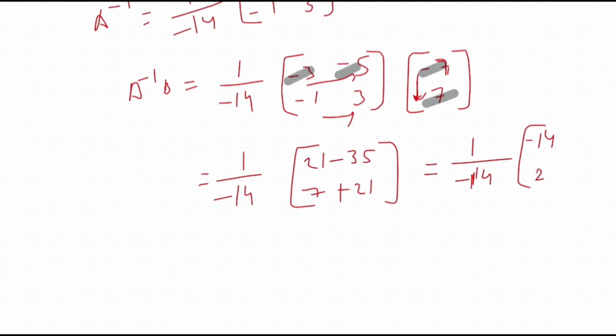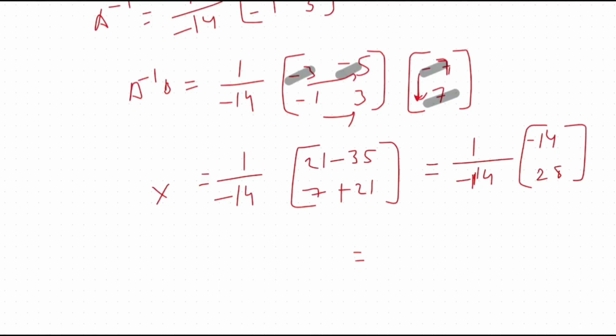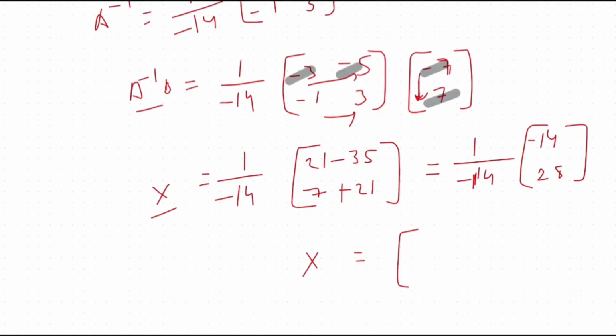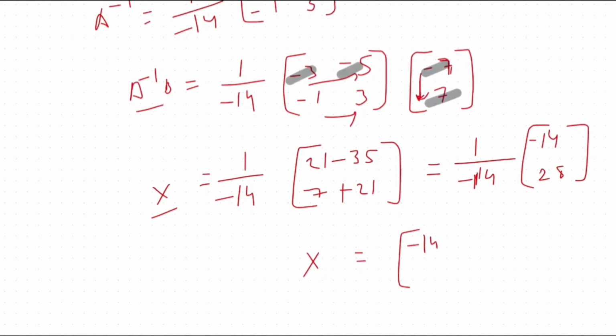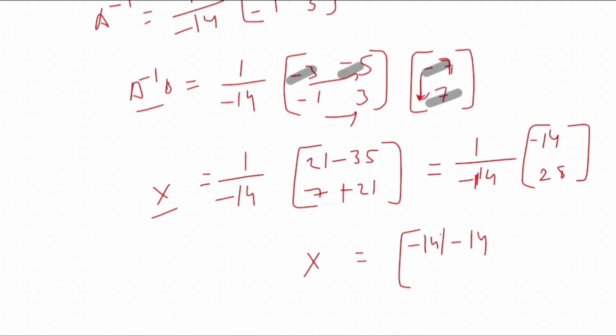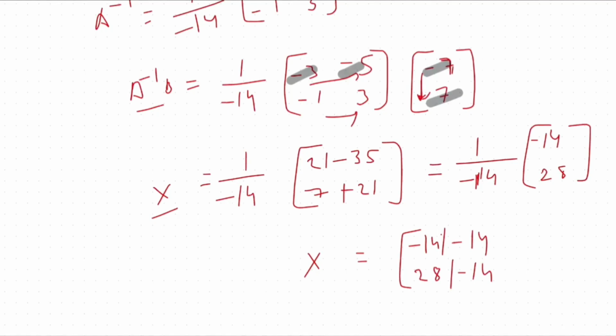So now all this equals x, right? Because A inverse B equals x. So x we have negative 14 over negative 14, and then we have 28 over negative 14. Which means we have 1 and negative 2.